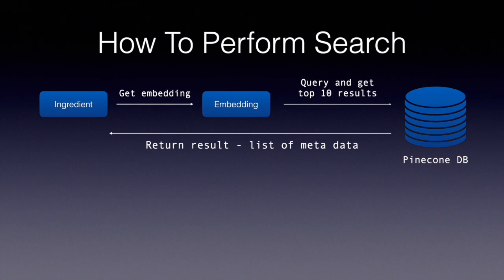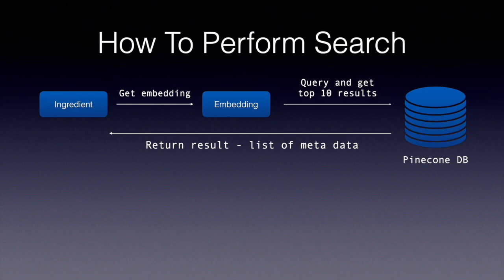Now the thing is, sometimes we can get results which are not relevant to our query. Let's say we have a list of ingredients, but I search for a mobile phone, or a table or a chair.